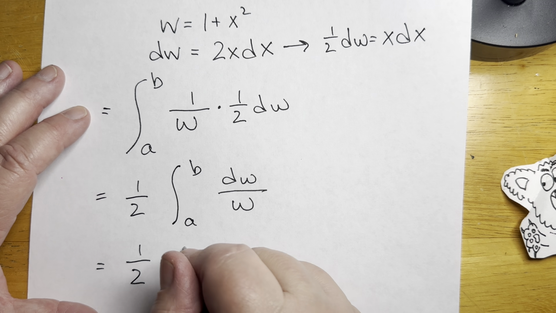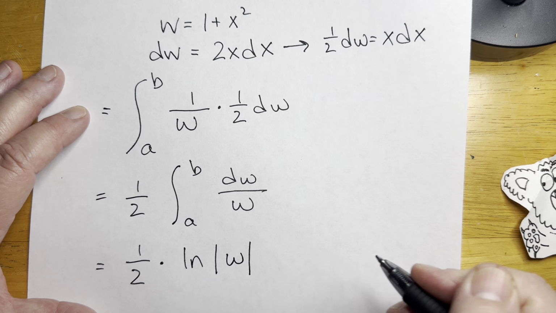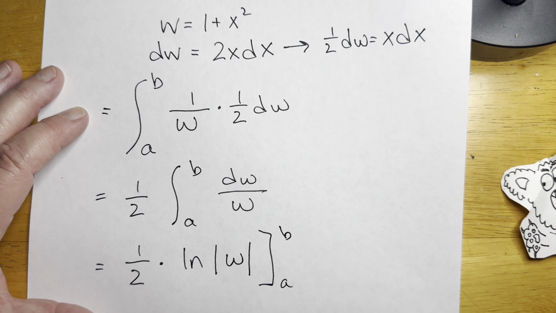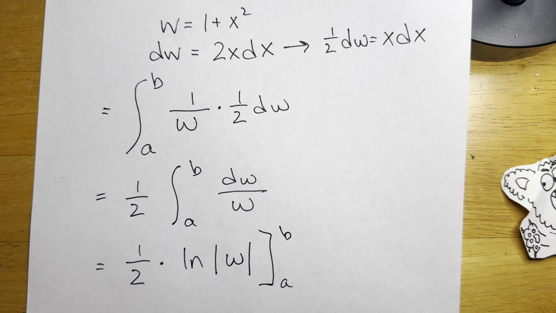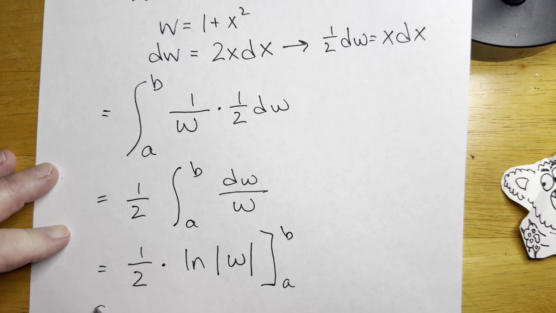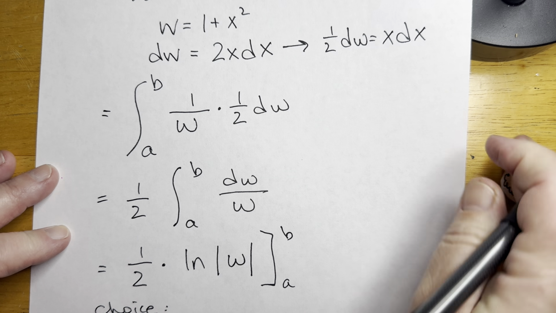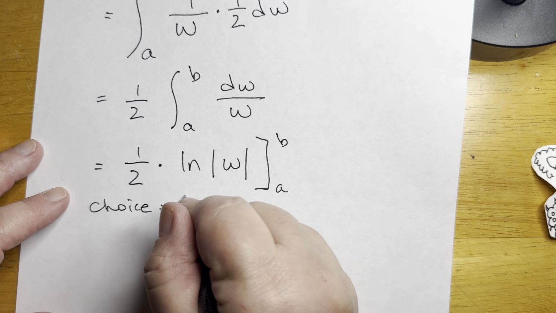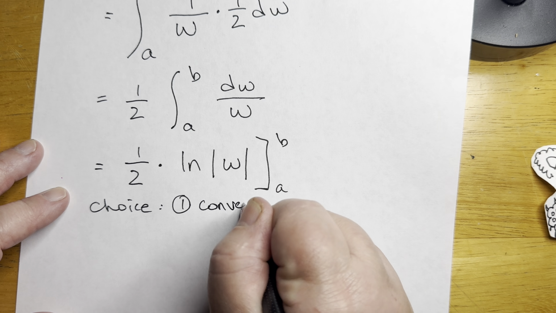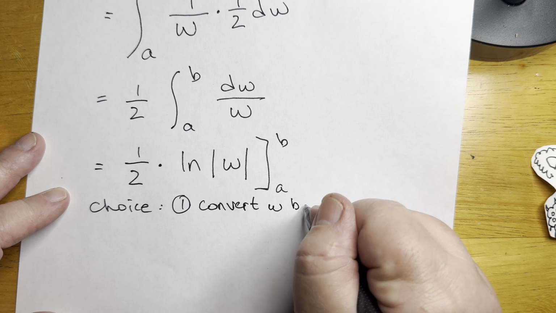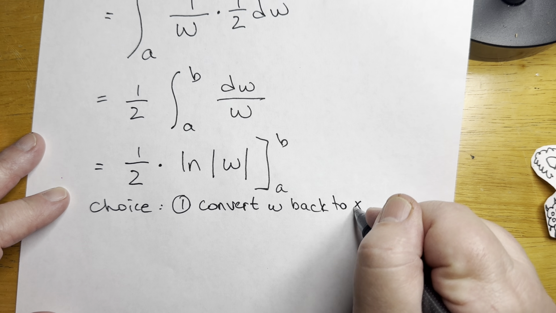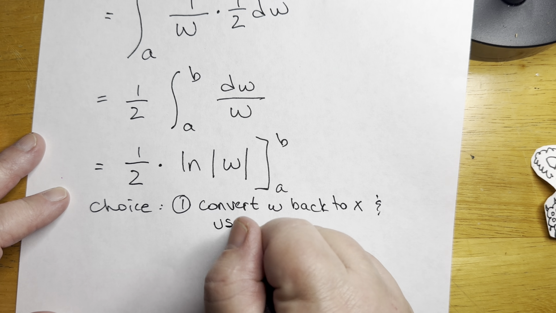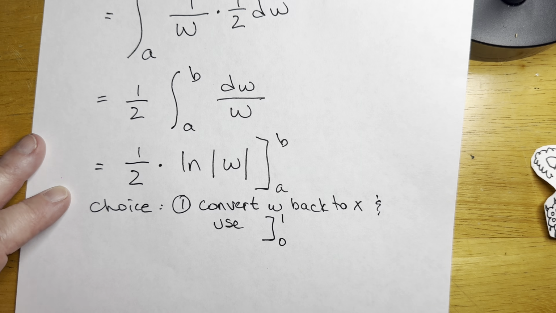You got it, natural log of the absolute value of w gone from a to b. Okay, so now we get to make choices. Your choice is to convert w back to x and use 0 to 1, right?